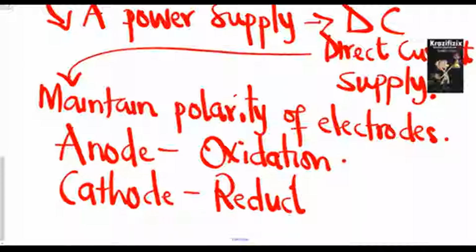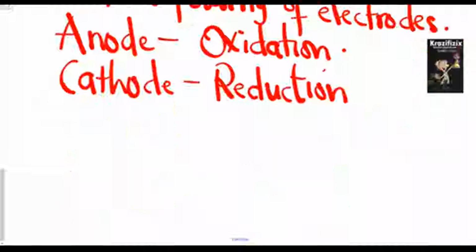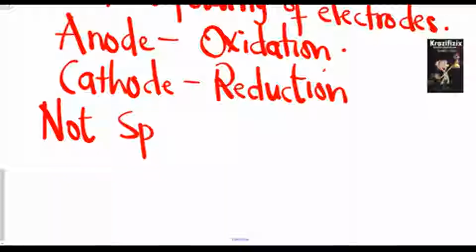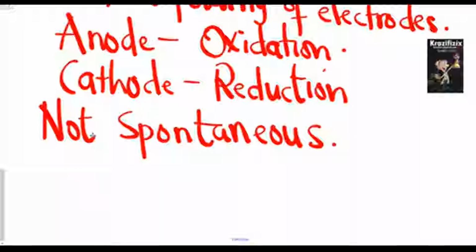Now, since we are using electrical energy to drive the system, it means this system is not spontaneous. Remember, we were getting a positive value, saying it's exothermic. Now, this system is not spontaneous because we are using electrical energy to drive the system.